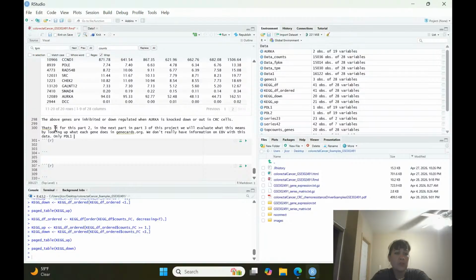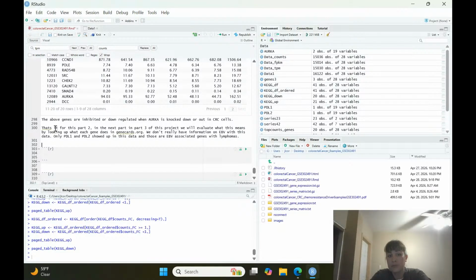Oh, PDL1 and PDL2 showed up in this data, and well, those are EBV associated genes with lymphomas. Not the gastrointestinal tract. All right, cool.